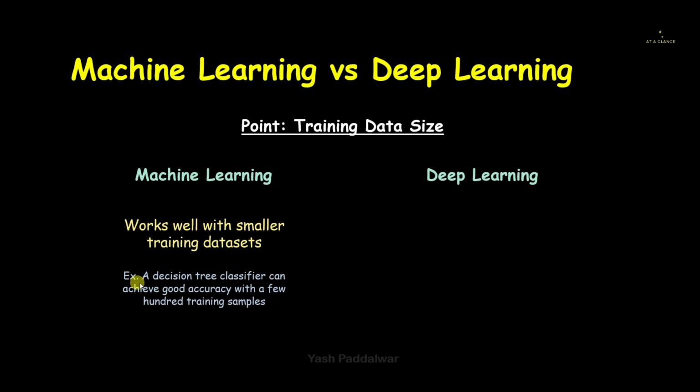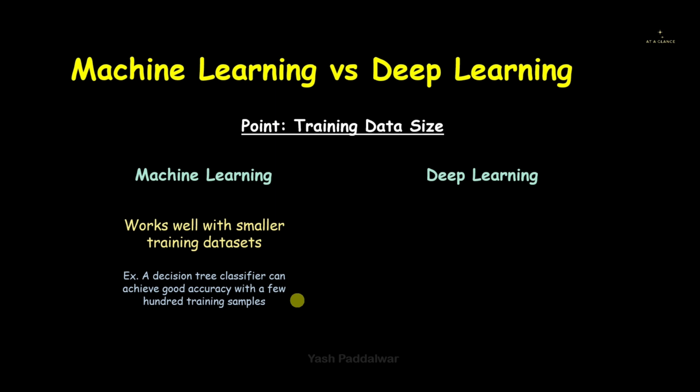Almost every algorithm inside machine learning works well even if few training samples are fed into the model. For example, using a decision tree classifier can give you good accuracy even if you feed a few hundred samples for training. So this is a speciality of machine learning, that it works well even if the training data size is small.